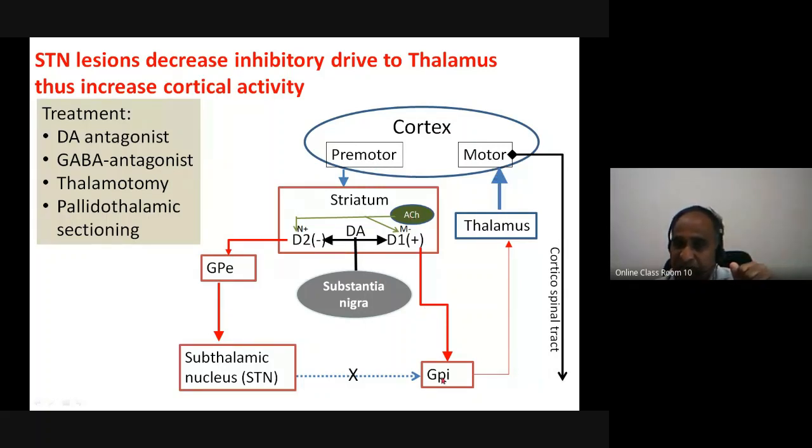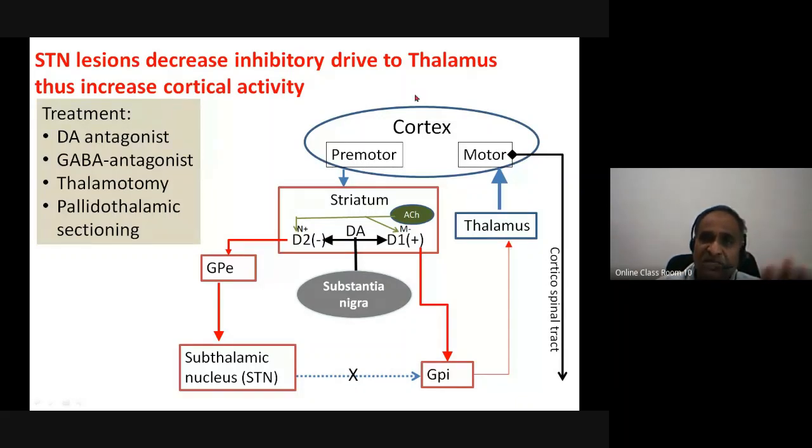Anyway, the main issue is the inhibitory impulses reaching the thalamus from GPi are diminished. That enhances the thalamocortical outputs. They are coming in jerks, they are coming in bouts, and that would produce the action. Subthalamic nucleus lesions decrease inhibitory drive to thalamus, thus increasing the cortical activity. That's the basic pathology, or pathophysiology, of this individual.